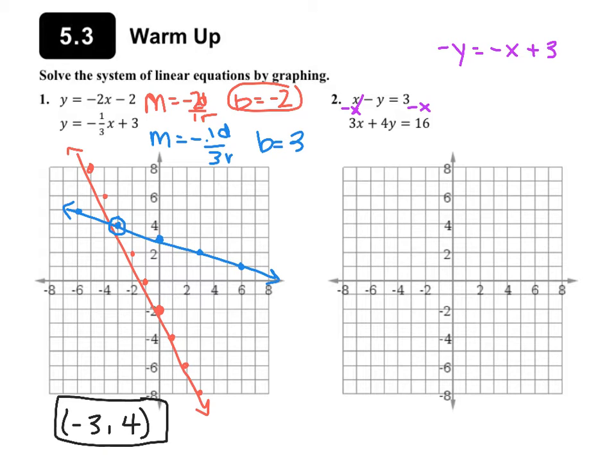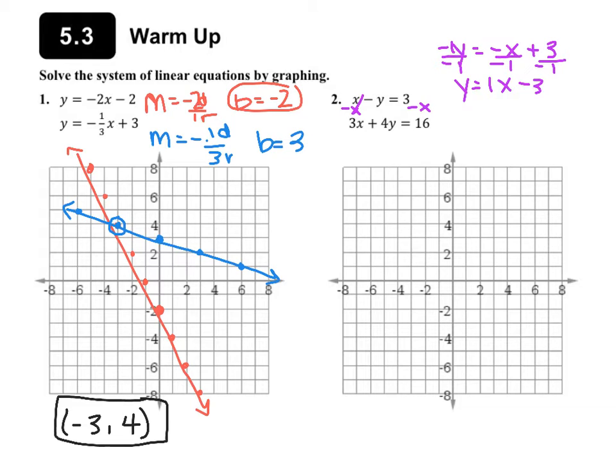That means positive y just says take the opposite of the whole thing, or I could picture it as -1y and divide everything by -1. And I end up with the equation y equals 1x, or just x, minus 3.